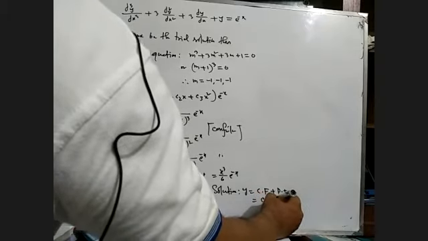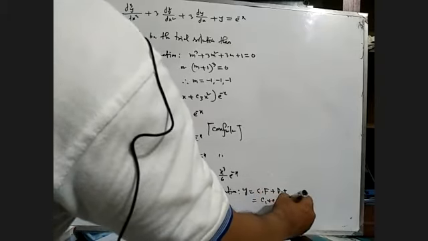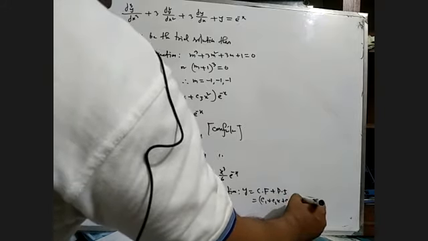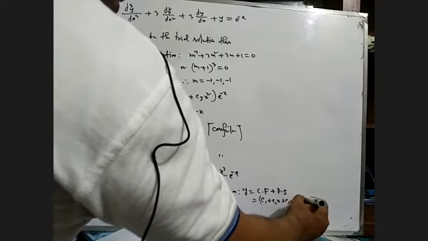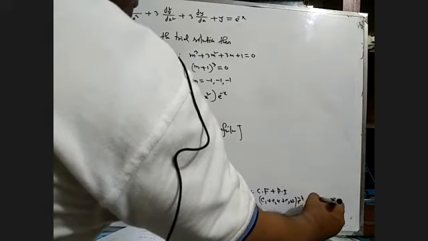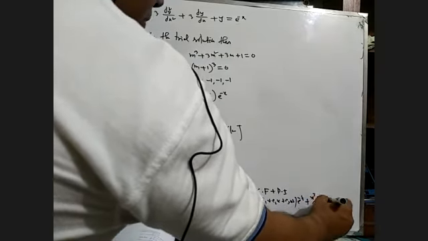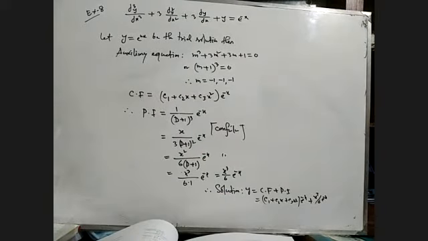Complementary function is (c1 + c2 x + c3 x square) times e to the power minus x, plus x cube by 6 e to the power minus x. This is the complete solution of the differential equation.